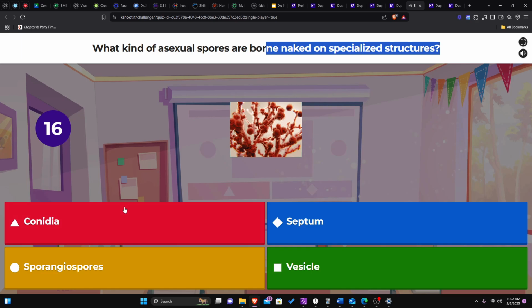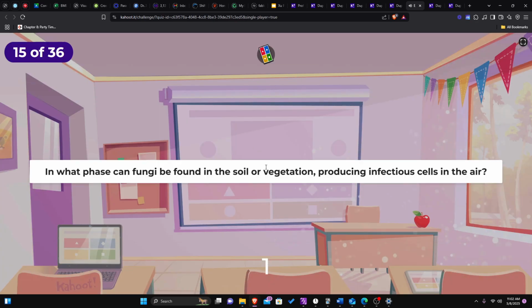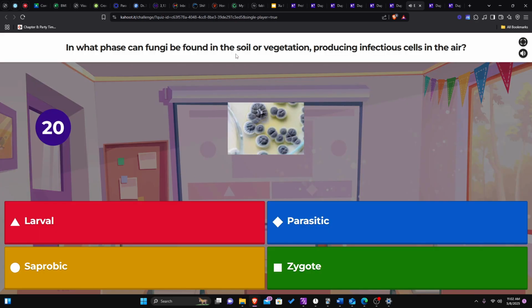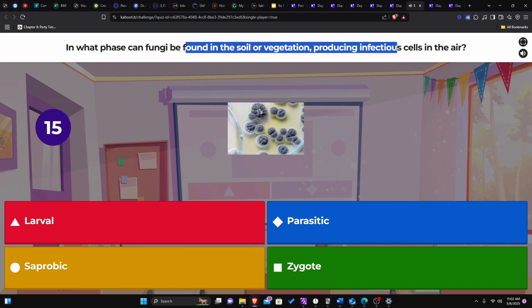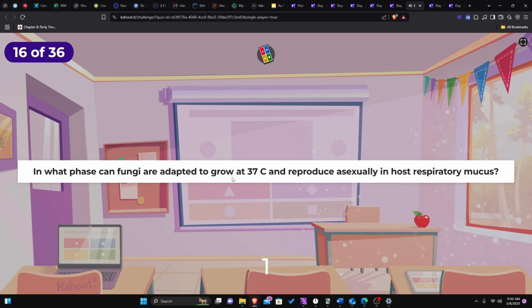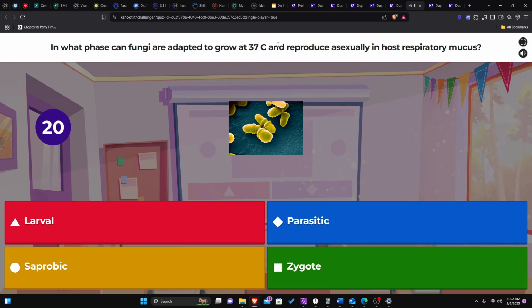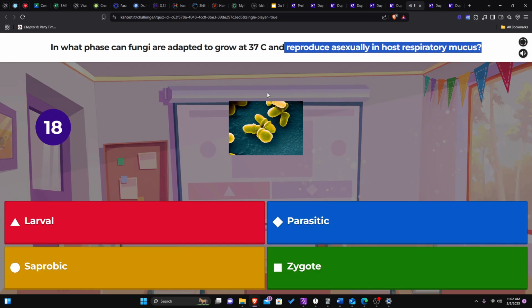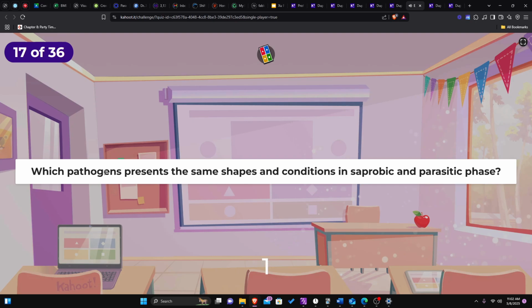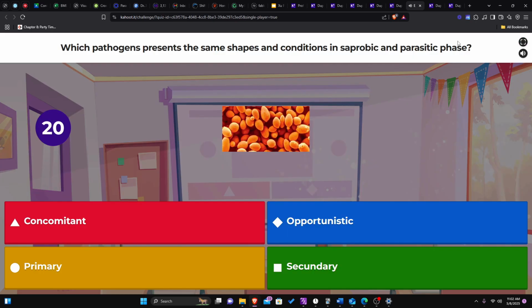Naked, unspecialized. Aerobic, subtropic. And they're found in soil, vegetation, producing the air. Aerobic. They're only parasitic when they can reproduce asexually, post-respiratory. Same shape.